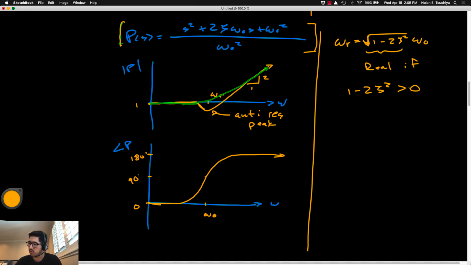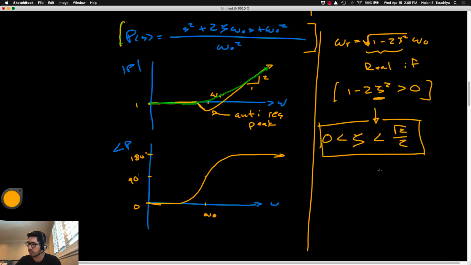Okay, so this condition has to be true, and what this does is it places criteria on zeta. So this is where that root 2 over 2 comes from. This would say that zeta has to be less than root 2 over 2. And of course, zeta can't be negative. So the criteria actually comes from here, that root 2 over 2. It's basically that the argument inside of this square root sign has to be positive in order for you to have a real valued resonant peak.